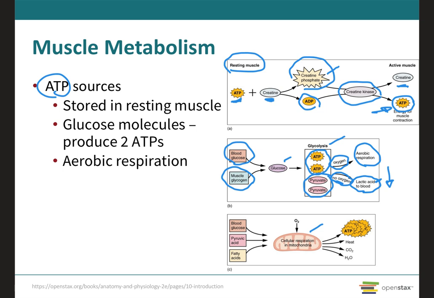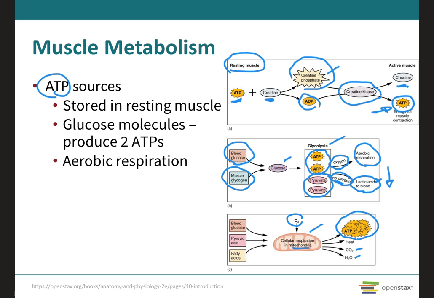Lastly, we have what we call aerobic respiration, which is the breakdown of glucose or other nutrients in the presence of oxygen, and this will produce carbon dioxide together with water, but more importantly, ATP. And approximately 95% of the ATP that's required for the resting muscles or the muscles that are moderately active is going to be provided by this aerobic respiration, which takes place in the mitochondria.